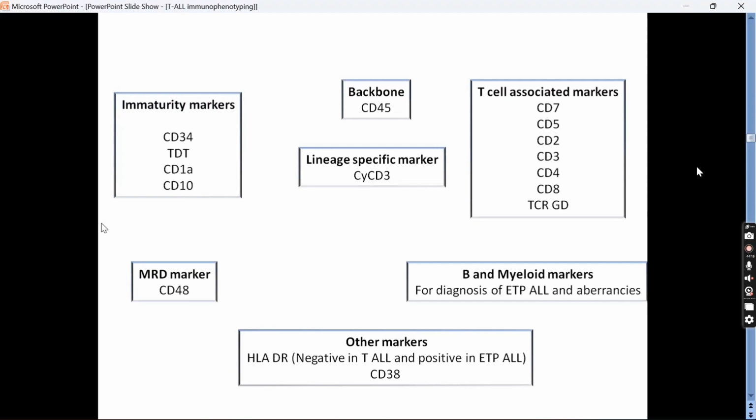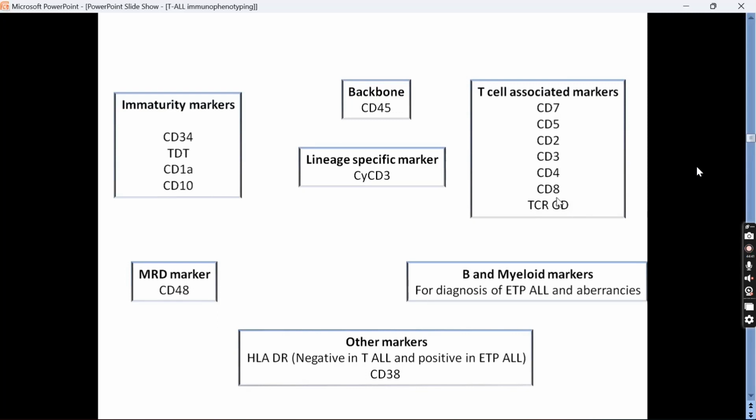I would say not needed. If you include it, there may be some advantage, it's just another marker to confirm it's T. But again, it's not very specific. It can apparently be seen in AMLs also. But still, if you have space in your panel, you can put it. So it's not mandatory, definitely. The other markers are mandatory.